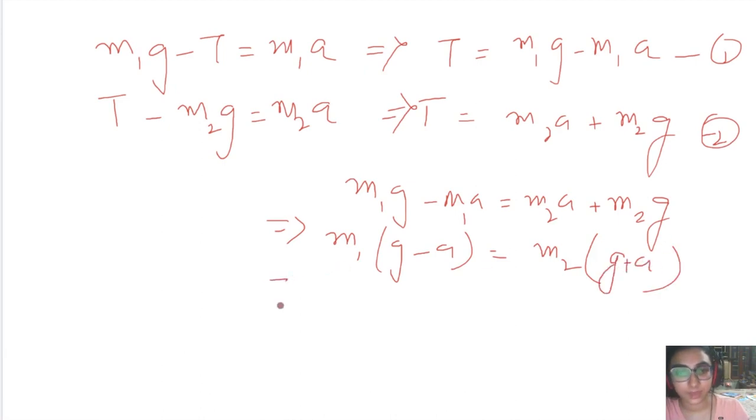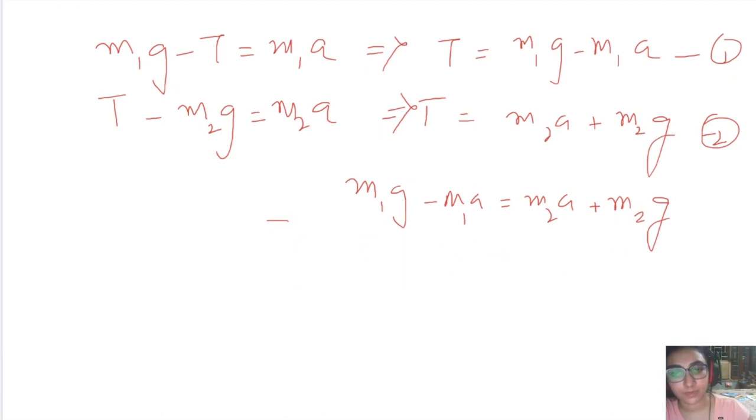Or, if we want to find acceleration, then we don't need to put brackets. What we can do is bring the accelerations together. तो यहाँ पे हो जाएगा m1g minus m2g equals m2a plus m1a.